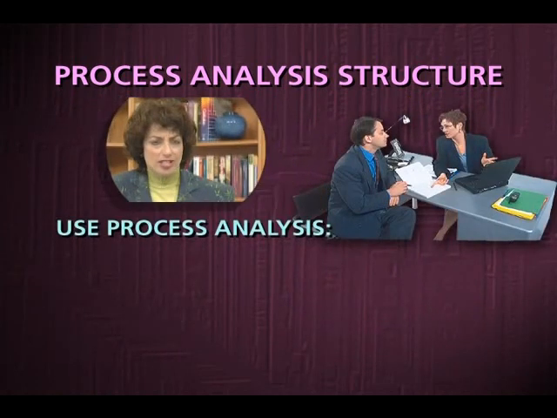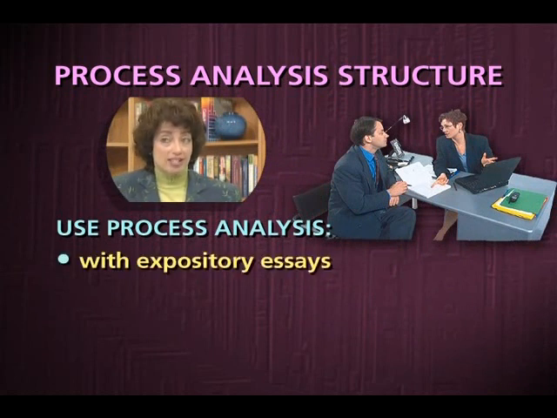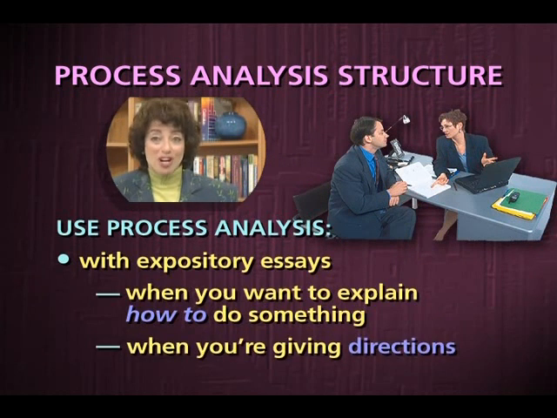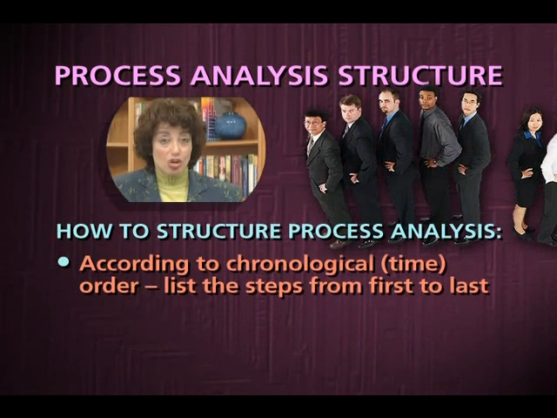You can use process analysis most often with expository essays. When you want to explain how to do something, they're always used when you're giving directions. Process analysis essays are structured according to chronological or time order. You list the steps from first to last.